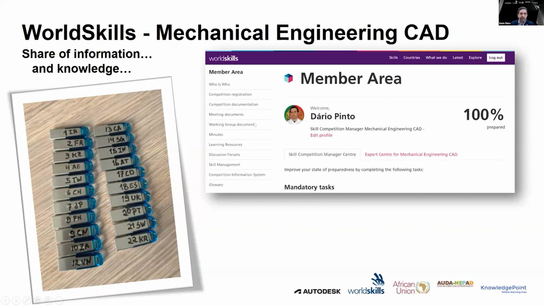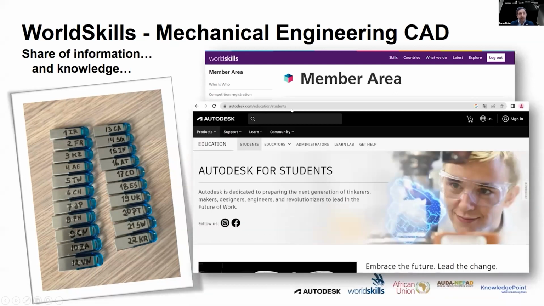All the information is available. Another thing, very important for us, is we always had the support from Autodesk, from training, from the software itself. You can get the software from the website. It's available, okay? Certification. If you have any doubts, the Autodesk team is always available.